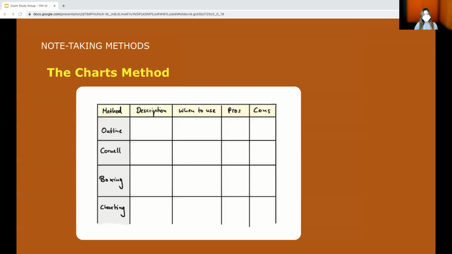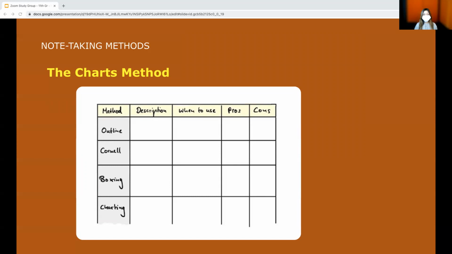Another one of the 5 methods preferred by YSP is the charts method. This is good when you have a lot of information, or those classes that tend to test your ability to memorize. Typically this tends to be STEM courses or history, where there's a lot of vocab and a lot of information for you to remember.